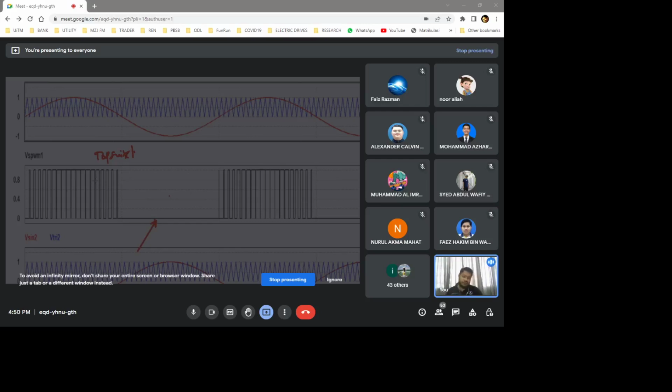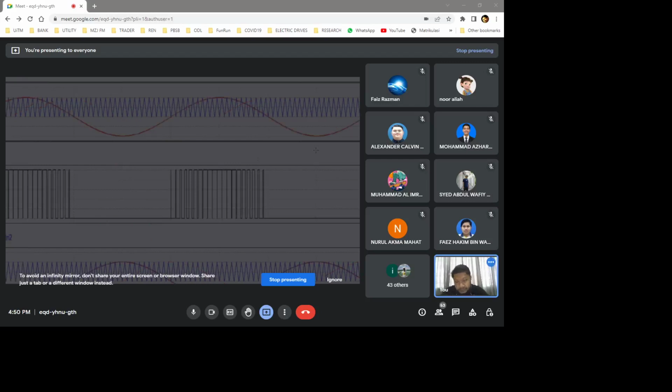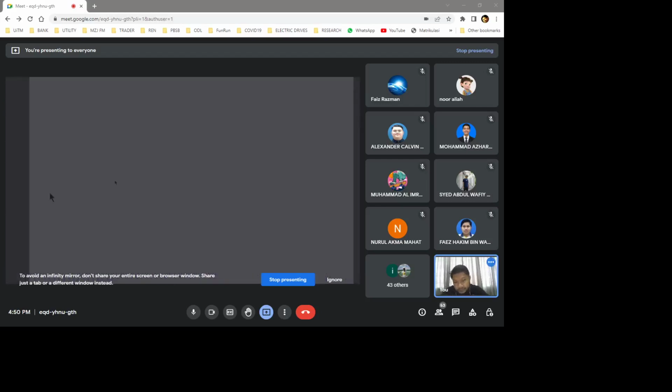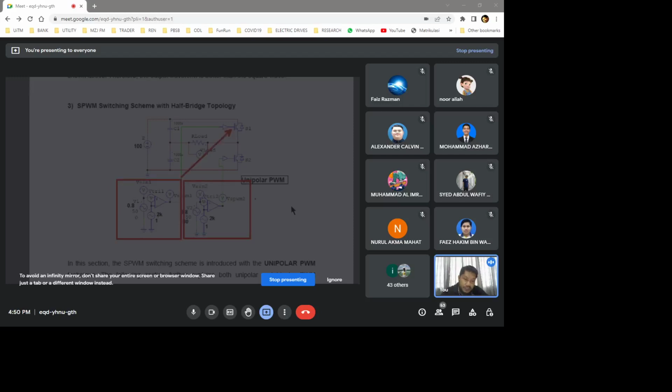So the top switch will be off and then on again. Here if you look closely, there are two comparators, right? The first one is to feed switch 1, the other one is to feed switch 2. This is unipolar PWM.